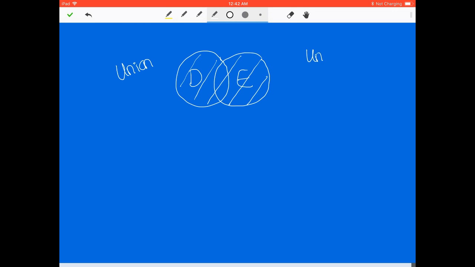Union notation, we use a U between D and E. So that's representing the whole, both of them together. This is how we use the notation. It is numbers in D and E, the whole thing. That's how we represent it in notation terms.